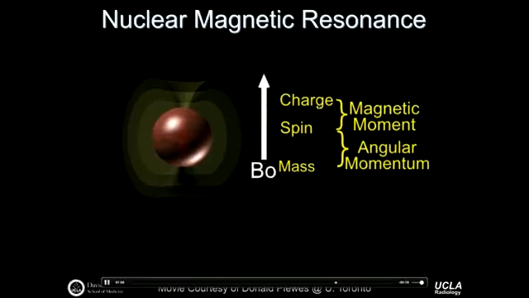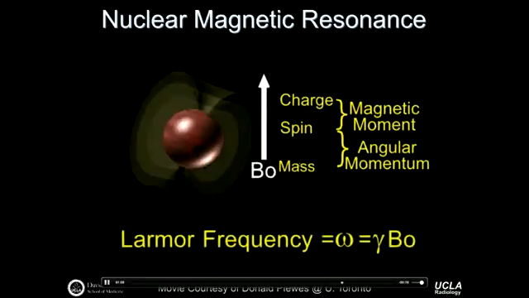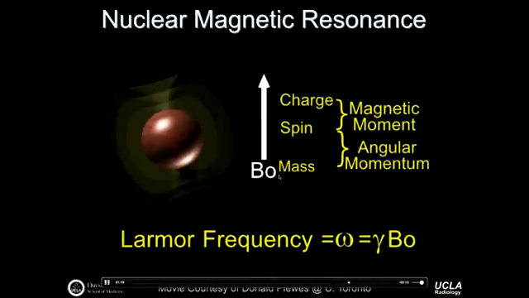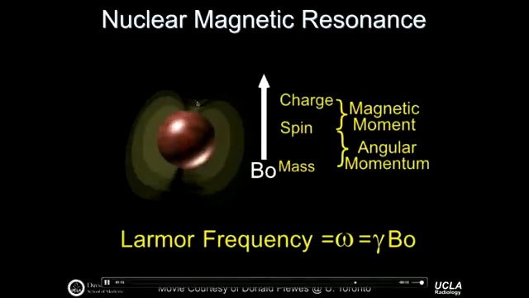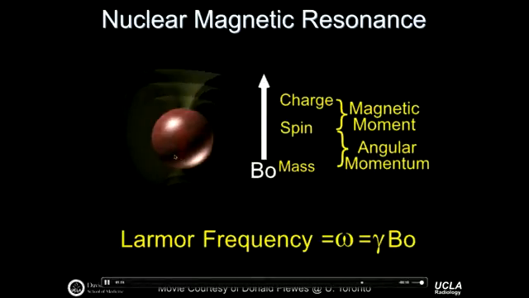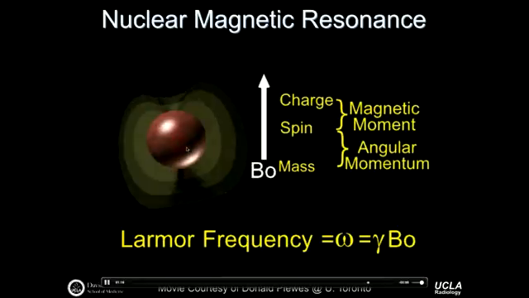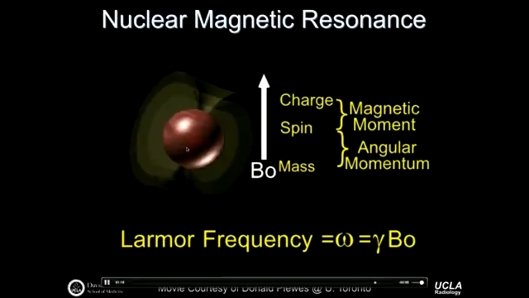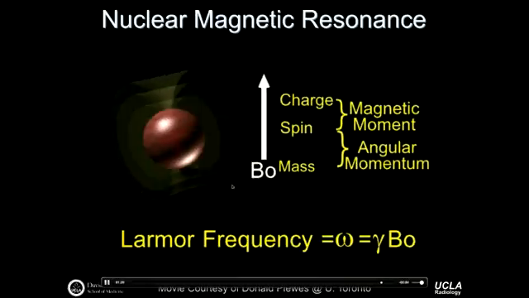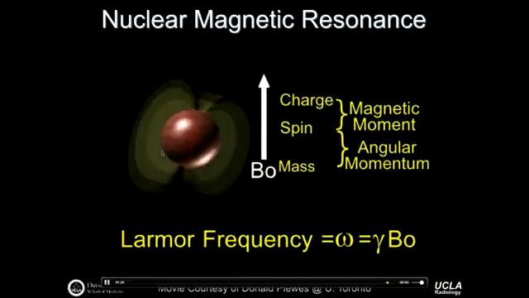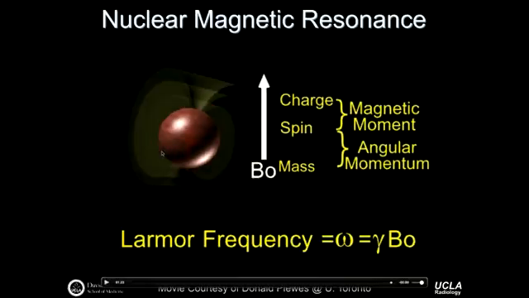And the combination of charge and spin and mass taken together inside a B0 field means that our spin system, our individual magnetic dipoles, they're actually spinning on some axis, or at least this is the classical description. And as a consequence of being in the B0 field, they also wobble around. We're going to look at the mathematics of this in just a second.